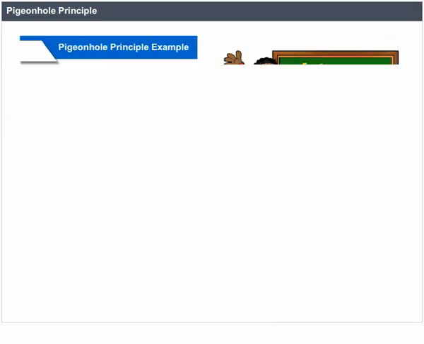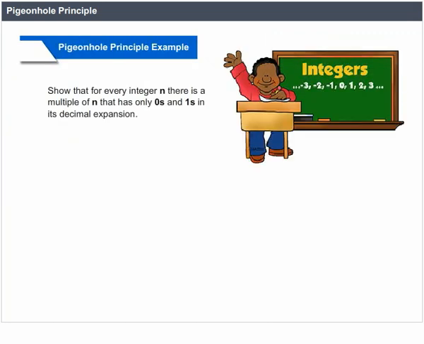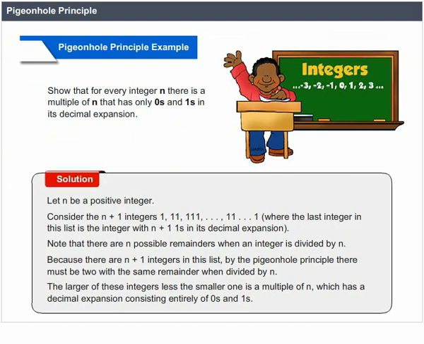Show that for every integer n, there is a multiple of n that has only zeros and ones in its decimal expansion. Solution: let n be a positive integer. Consider the n plus 1 integers 1, 11, 111, and so on, up to the last integer in this list, which is the integer with n plus 1 ones in its decimal expansion.